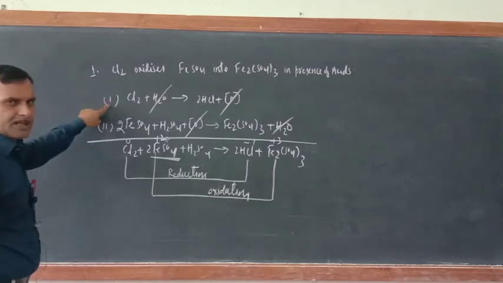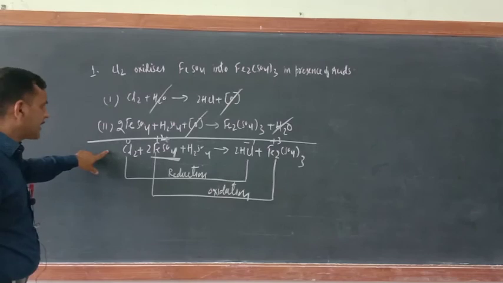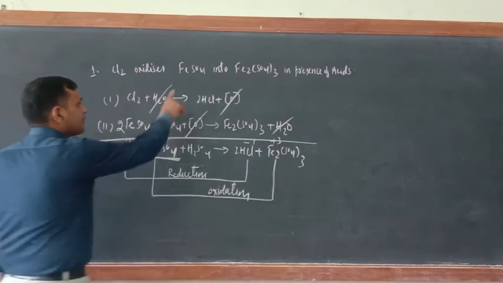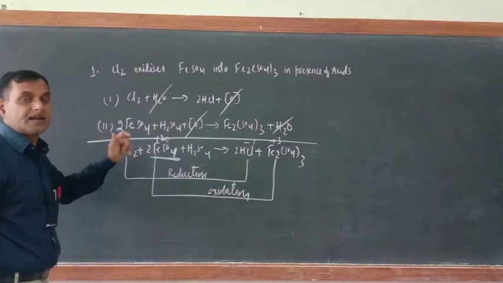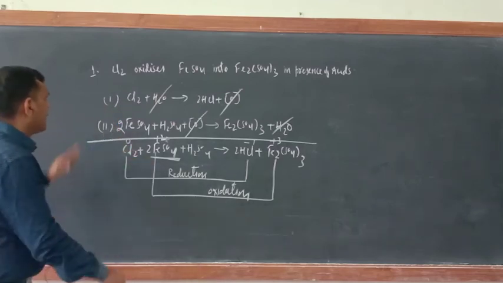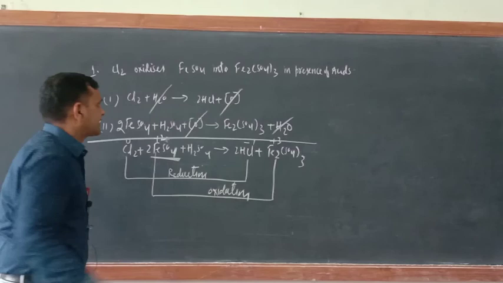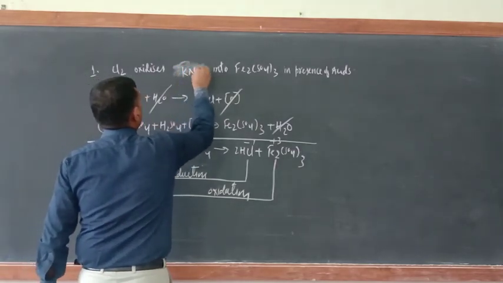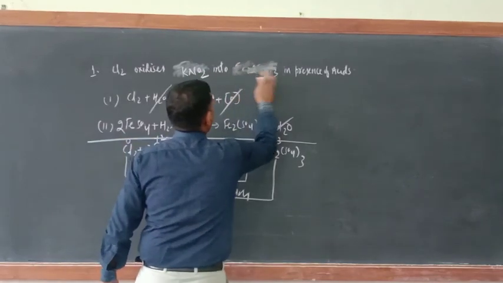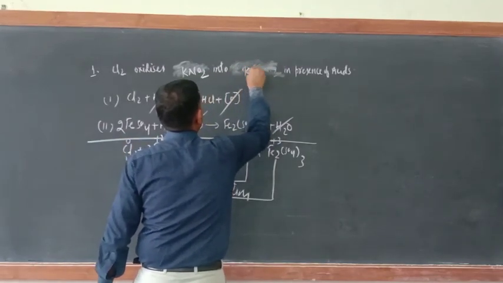Aqueous solution of chlorine oxidizes ferrous sulfate to ferric sulfate. Now Cl2 oxidizes KNO2 into KNO3.